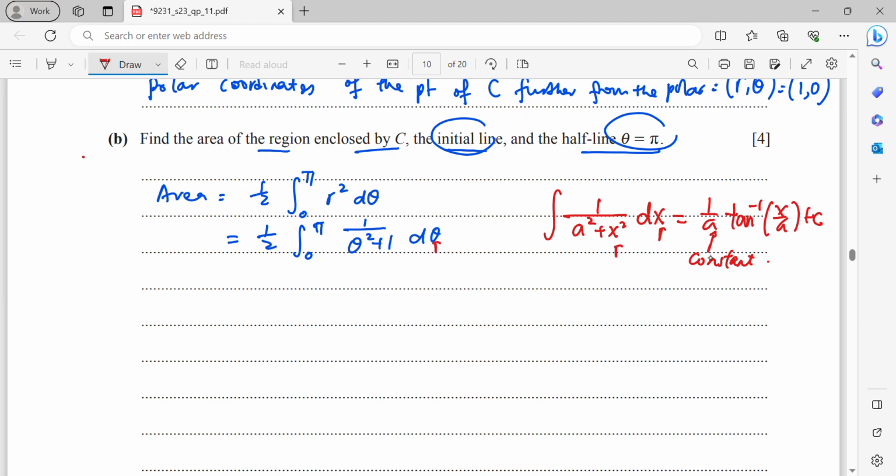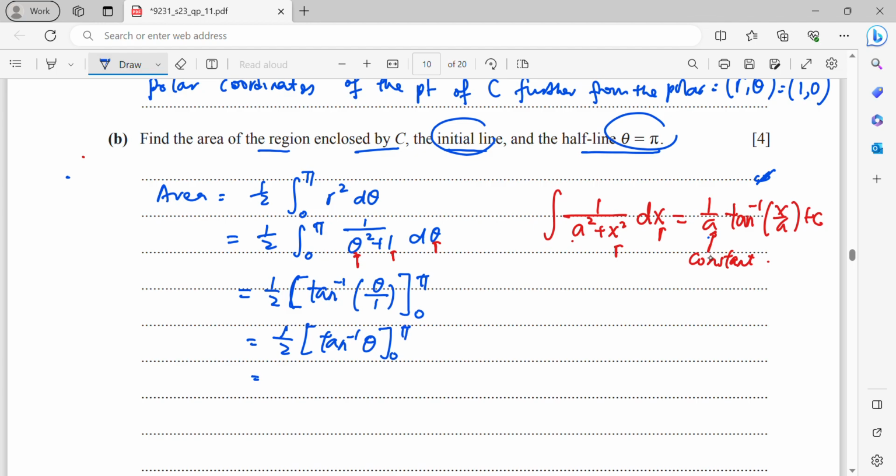Here's d theta, that means our x has been changed to theta, which means your a is a 1, okay, because 1 is same as 1 squared. So I can direct apply the formula, it will be 1 over 1, which is 1. So then it will be inverse tangent theta over 1. According to this inverse tangent formula. So I will rewrite, it will be half inverse tangent theta.